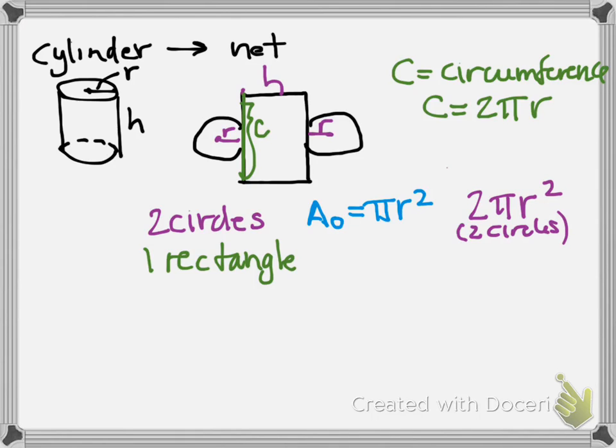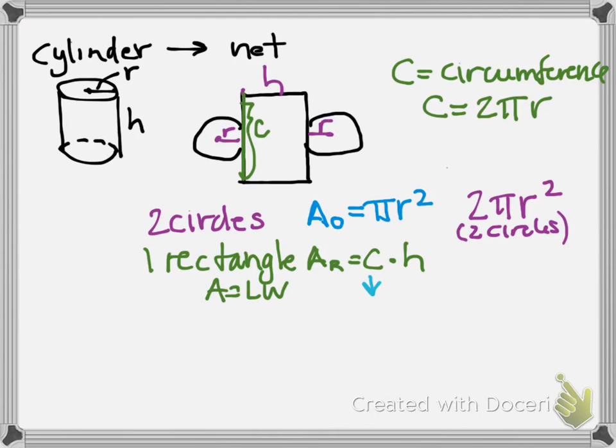Now the rectangle. How do we figure out the area of a rectangle? Length times width. For this one, we've got circumference times height. Well, what did we say circumference was the same as?